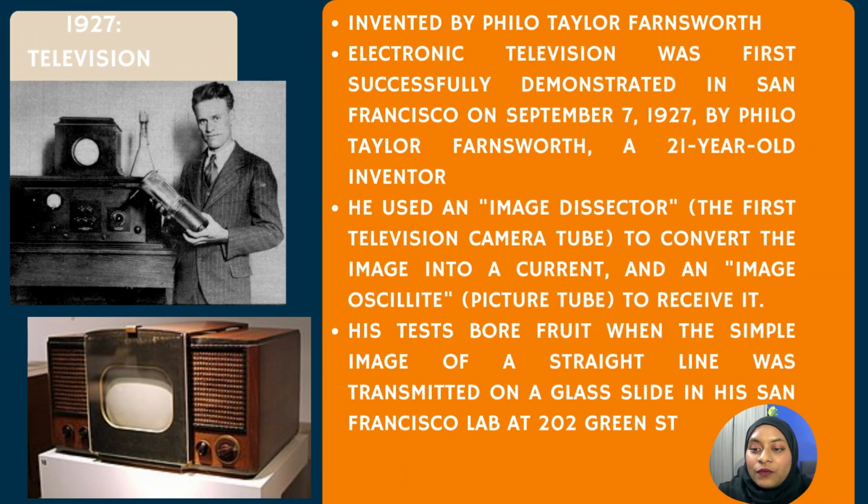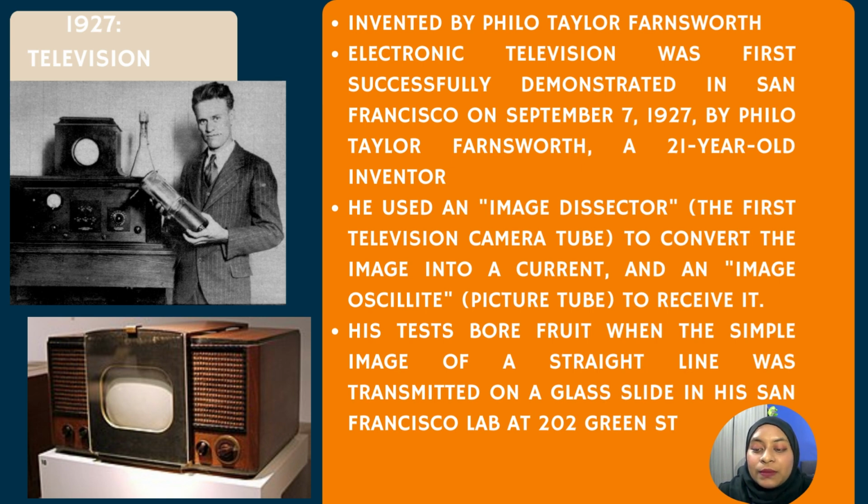Television, invented by Philo Taylor Farnsworth in 1927. The electronic television was first successfully demonstrated in San Francisco on September 7, 1927 by Philo Taylor Farnsworth, a 21-year-old inventor.